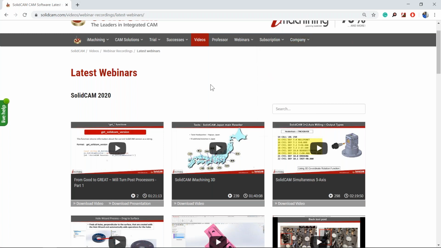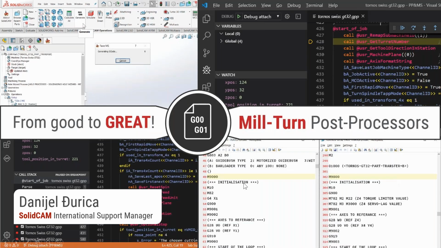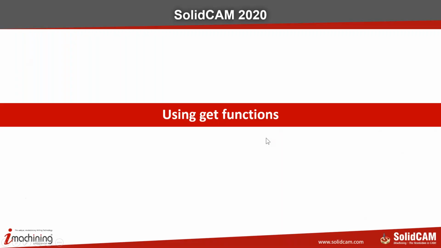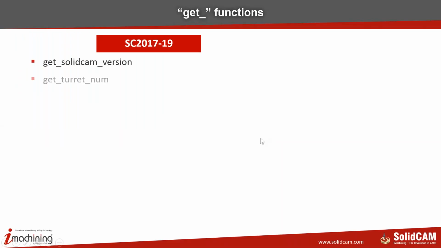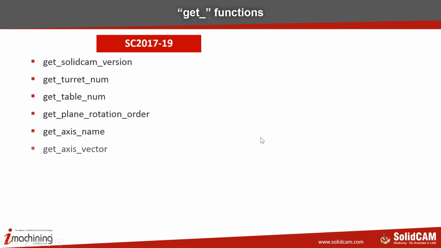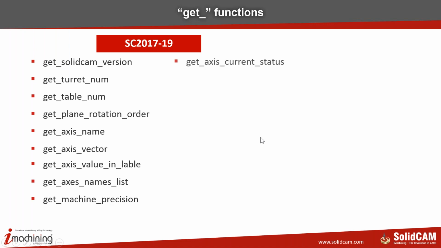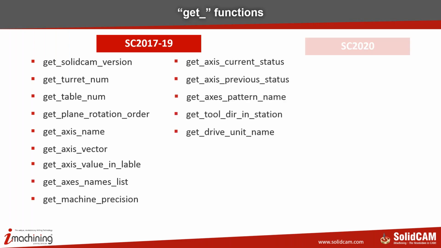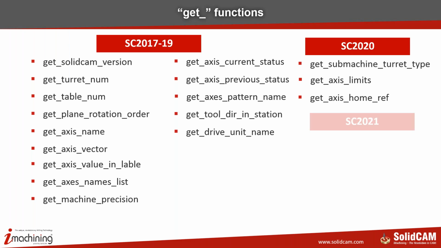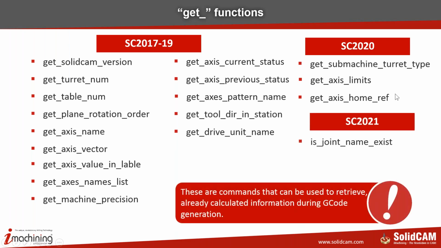A few things about the previous webinar regarding the get functions that I discussed. At one moment I said that the last two, regarding the axis limits and the home reference, are actually completely defined in 2020 as well. So everybody who has today's version of 2020 will be able to enjoy this function as well.